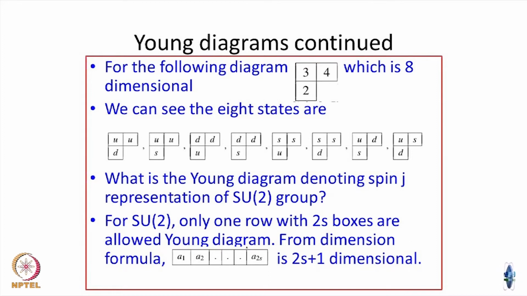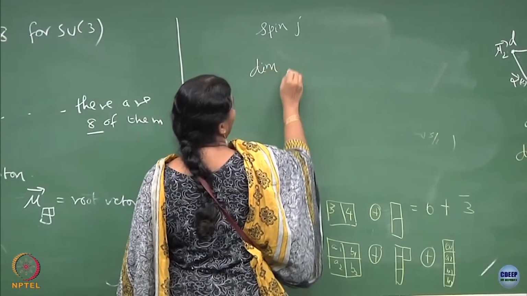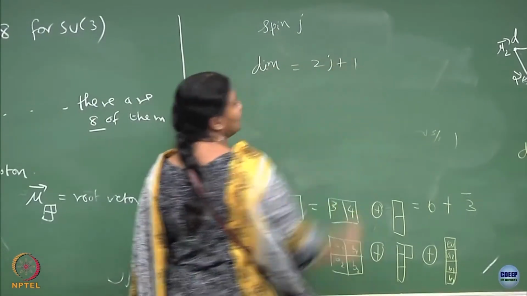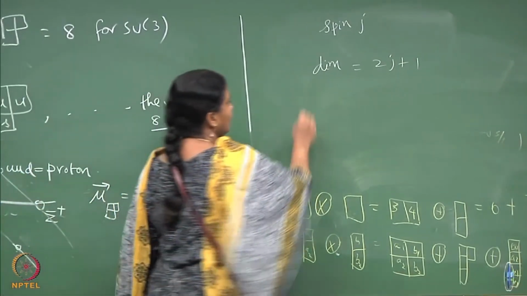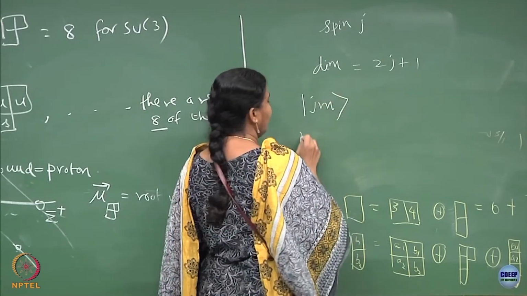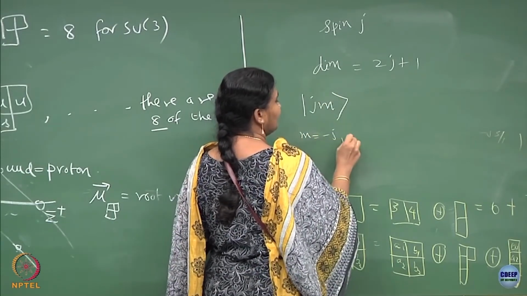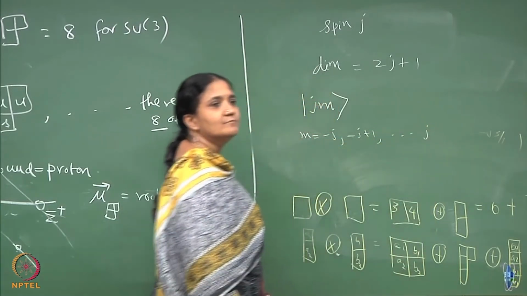So, spin j dimension is what? 2j plus 1, right, because you write it as jm, and m will take values from minus j up to j.